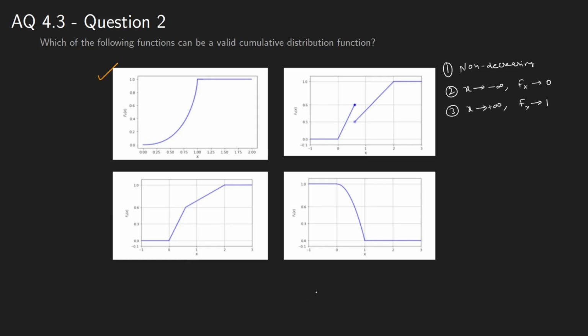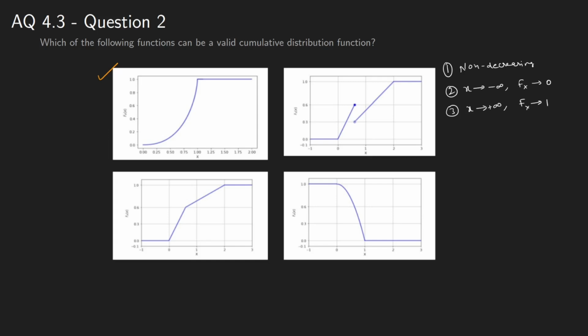What about the second one? For this also we will first check the first condition. The first condition says that it should be a non-decreasing function. But here we can observe that first the value of the function goes to 0.6, then it comes back to about 0.3.